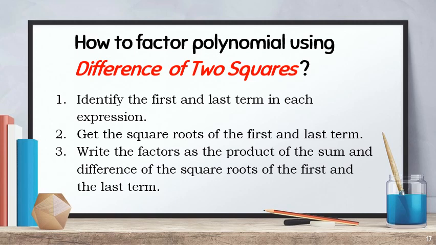So the first thing you will do, you need to identify the first and the last term in each expression. Second, get the square roots of the first and last term. Lastly, write the factors as the product of the sum and difference of the square roots of the first and the last term.